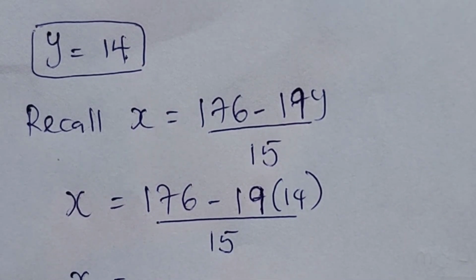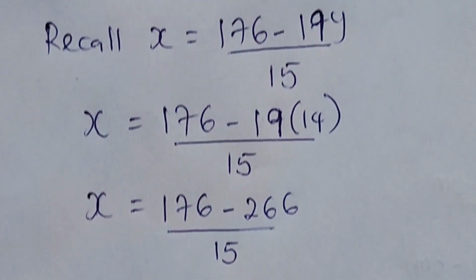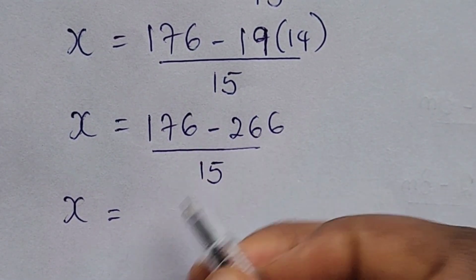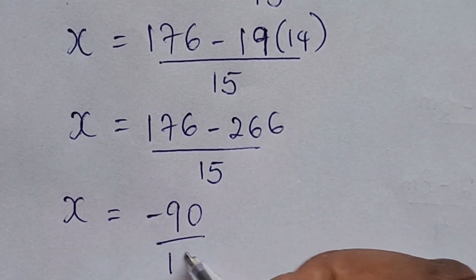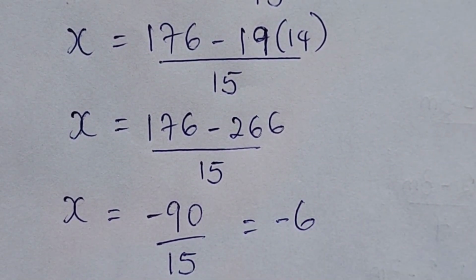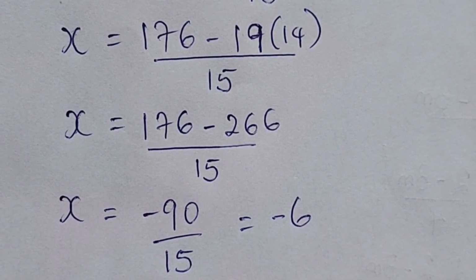We have 19 times 14, which is 266, all over 15. And we have x equal to, subtracting this, minus 90 over 15. And this is equal to minus 6. So our x, y is equal to minus 6 and 14.